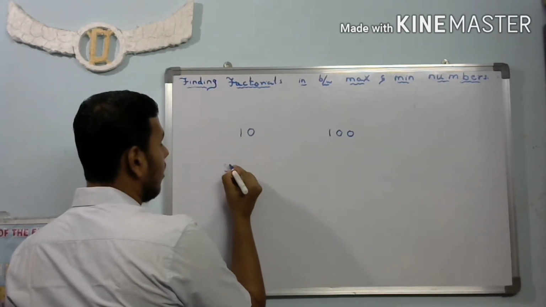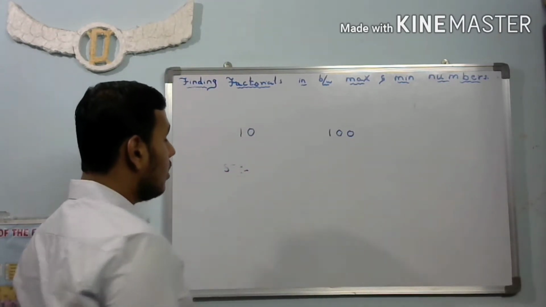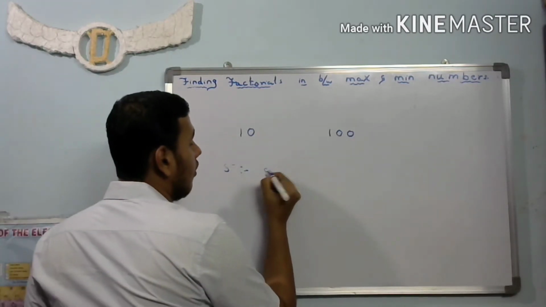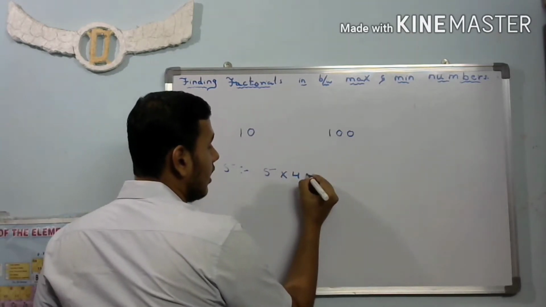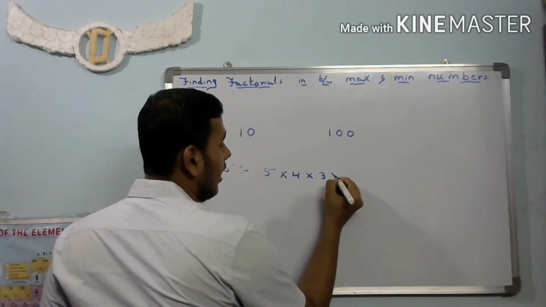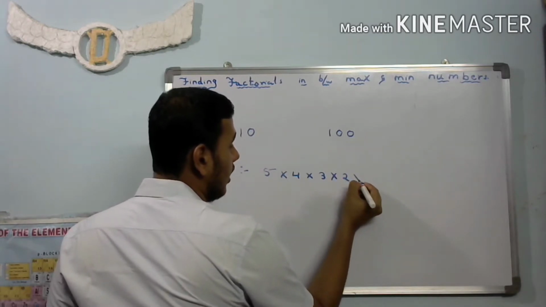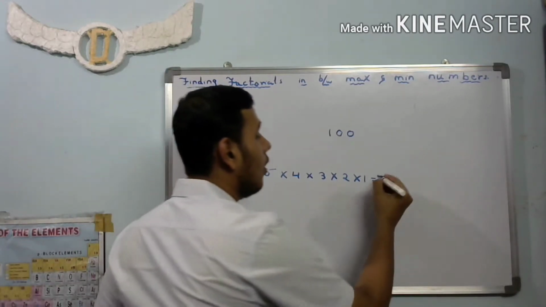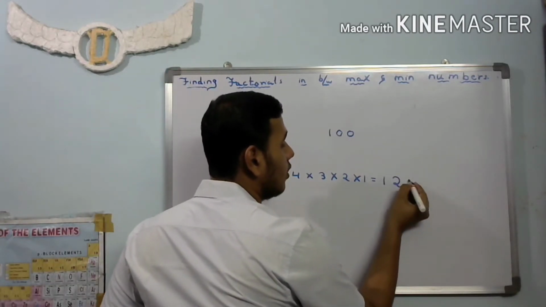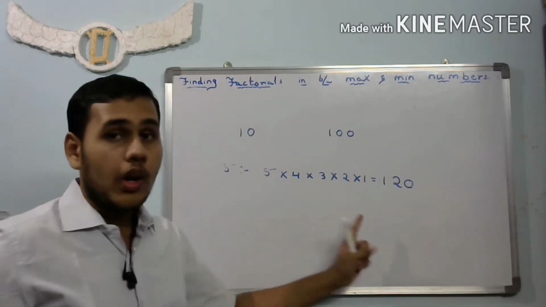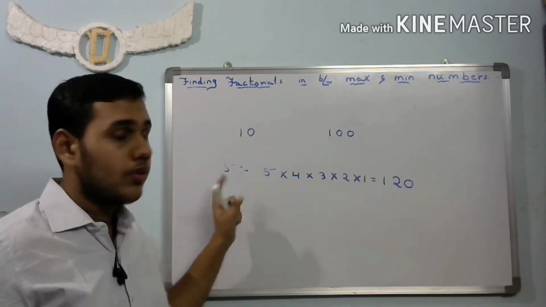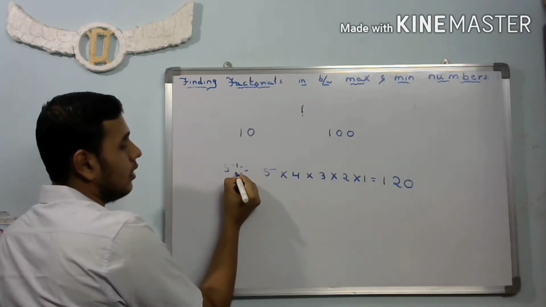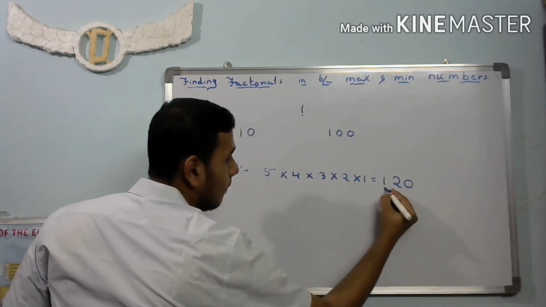Here I do it as a human brain calculation: 5 into 4 into 3 into 2 into 1. That gives 120. So 120 is the factorial of 5. We represent the factorial with this symbol. So 5 factorial is 120.